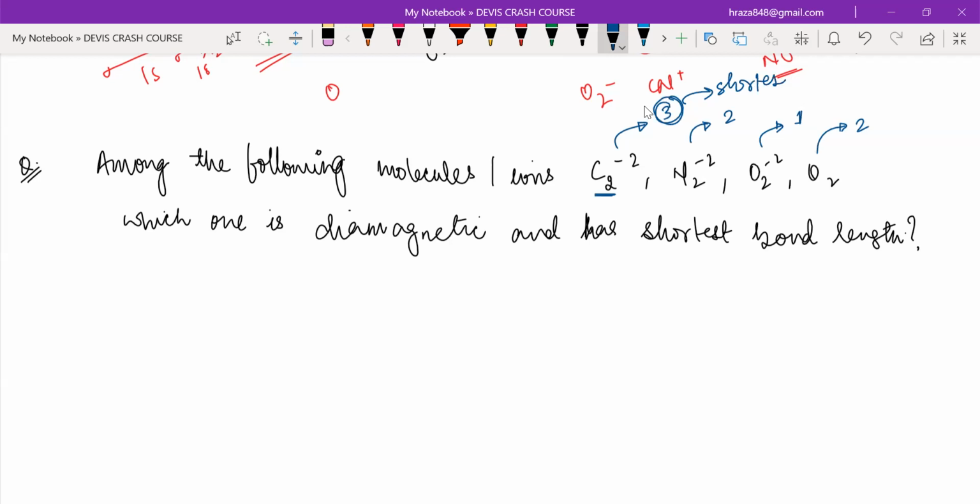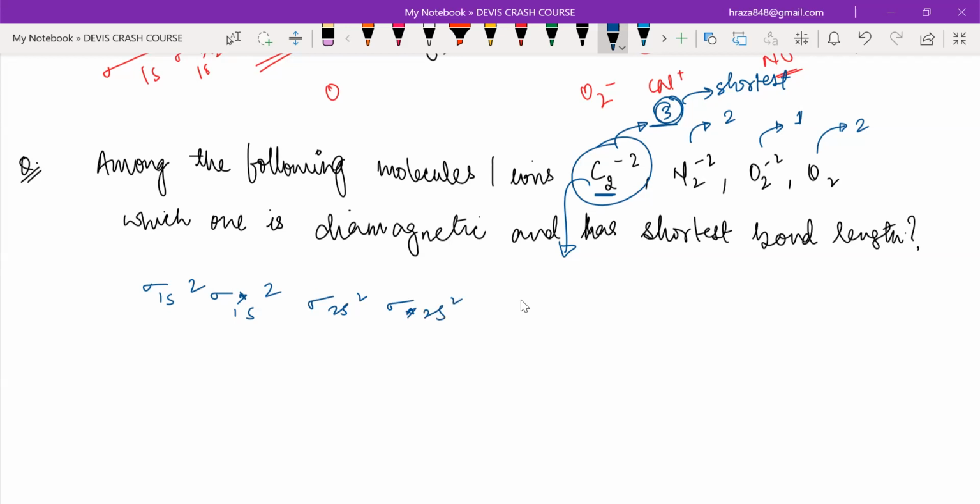Yes, because bond order is inversely related to bond length, and you just need to check whether it is diamagnetic. This is sigma 1s, sigma star 1s, sigma 2s, then sigma star 2s.